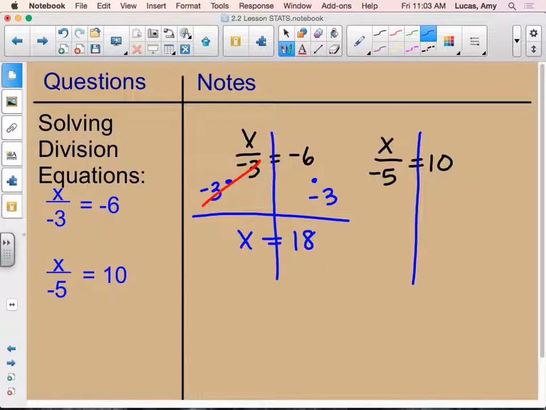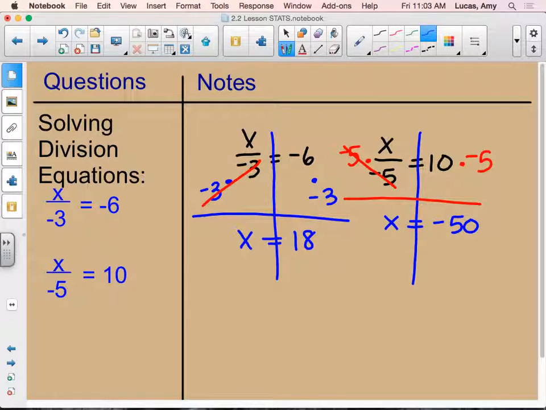Negative times a negative is a positive. The next one, I'll show my work just a little different. Multiply by -5 on both sides, like this, and x equals 10 times -5, or -50.